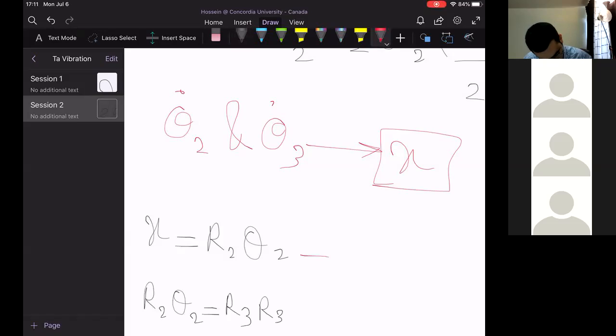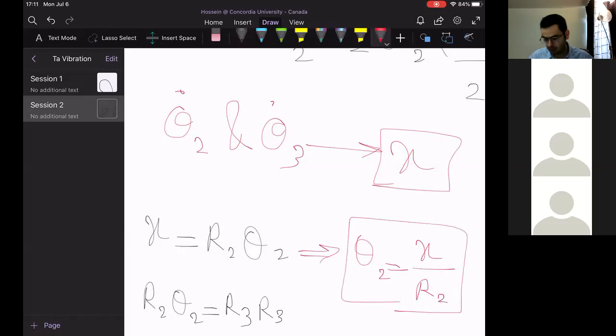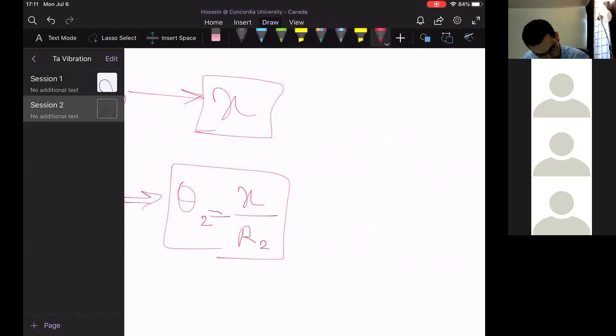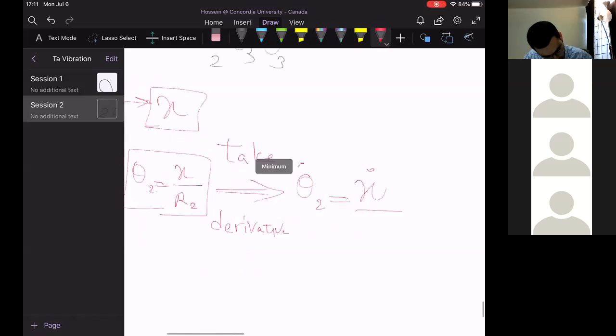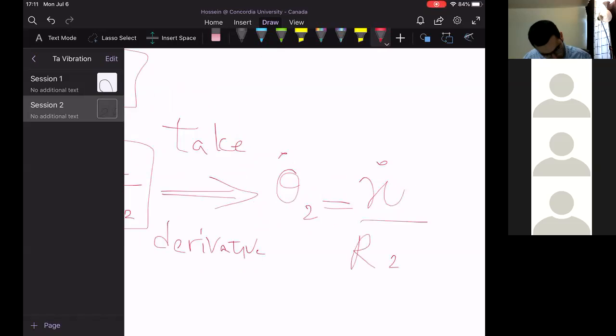Therefore, in the first case, theta 2 is x over r2, and you could take the derivative from both sides. Theta dot 2 is equal to x dot over r2.